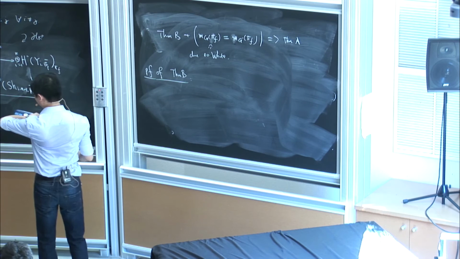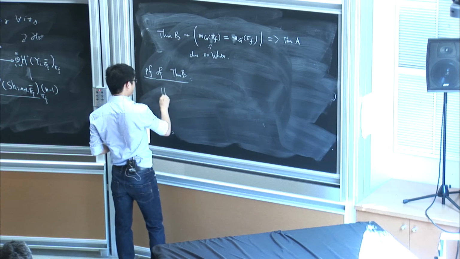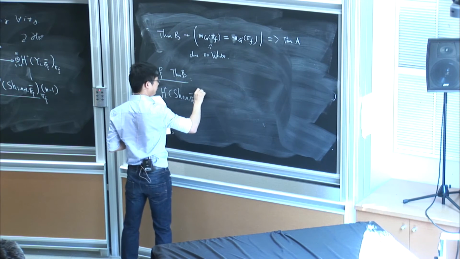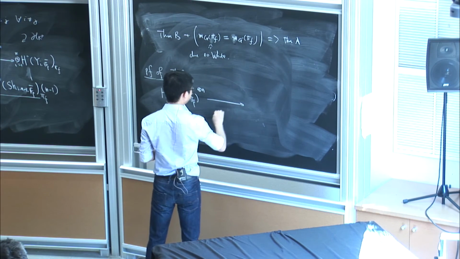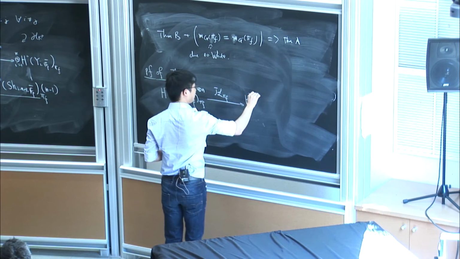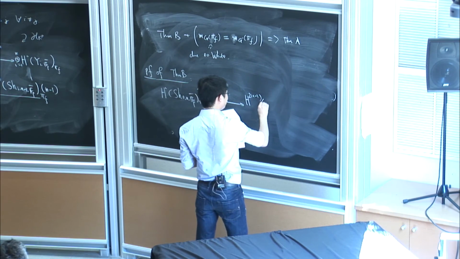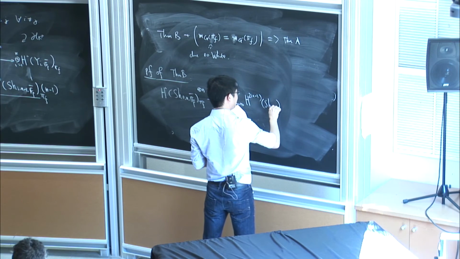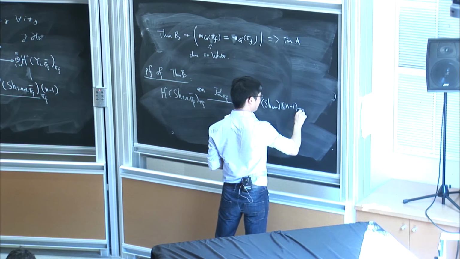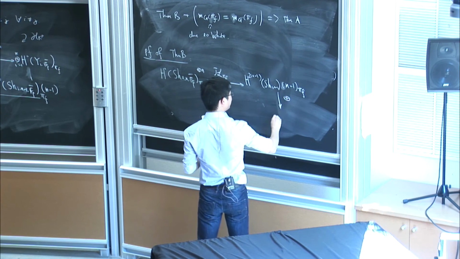So to prove theorem B, I will compose this JLF pi f, this is n minus 1 pi f, with another morphism.